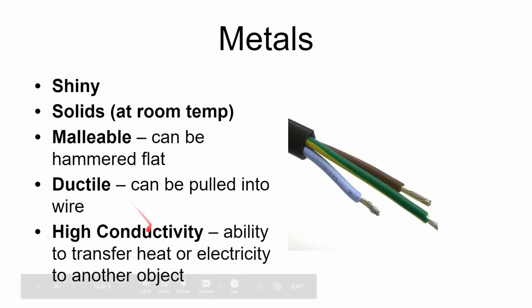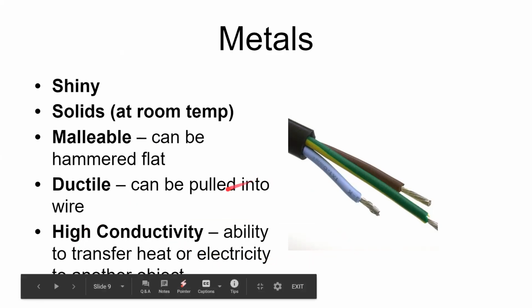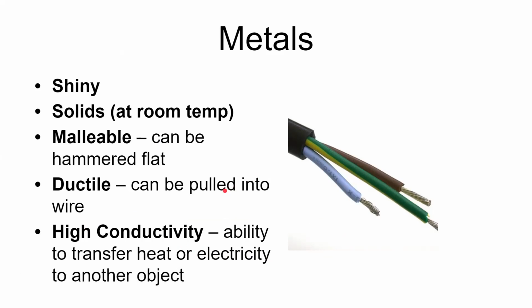Same thing for electricity. The reason why all of the wires that are going in telephone lines and going into your house are made out of metal is because metal wires can move electricity really quickly and easily from one place to another. So if you think of the sockets in your house, right?